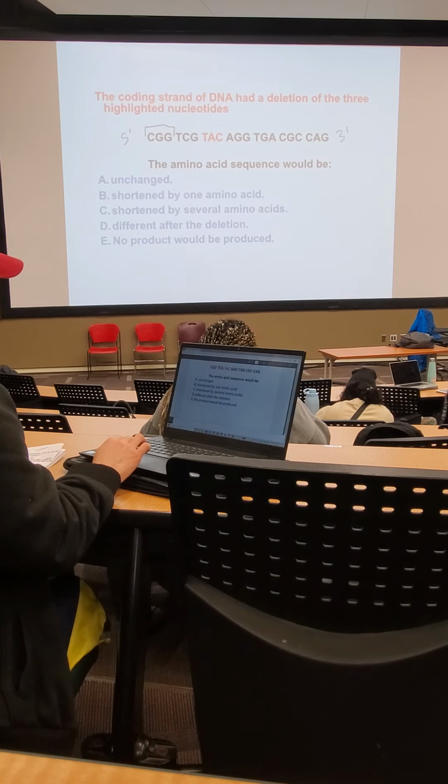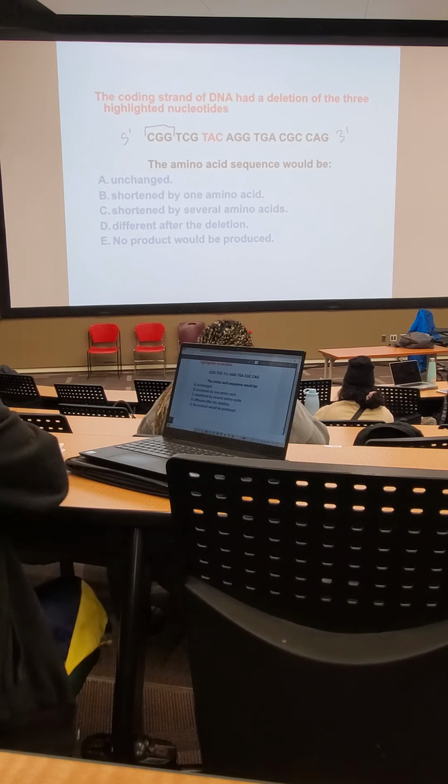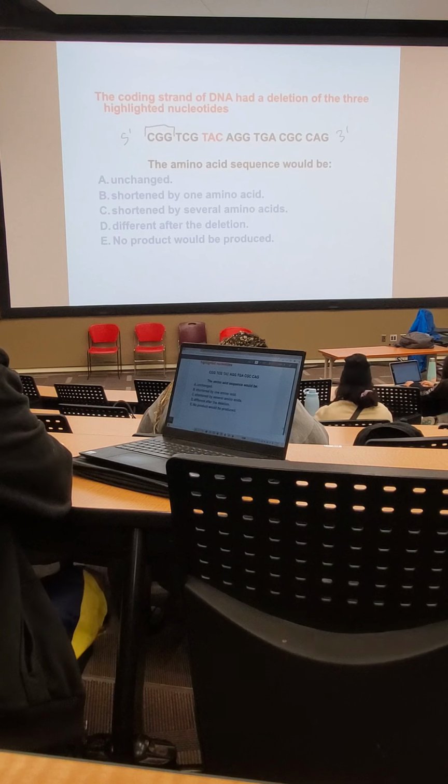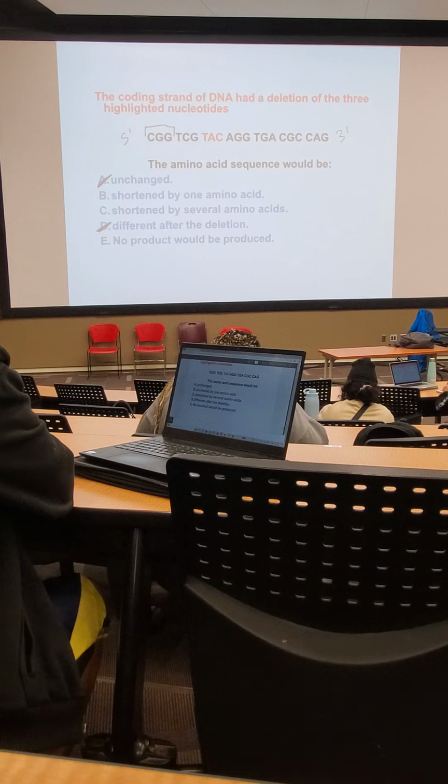The answers, some of them are the same, some of them are different, but we can apply the same logic. So it's not going to be unchanged. It's going to be different, looks like a throwaway. So how are we going to disentangle the answers for these other three options we have?